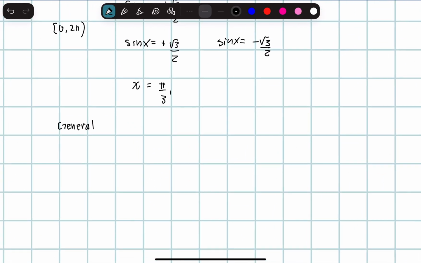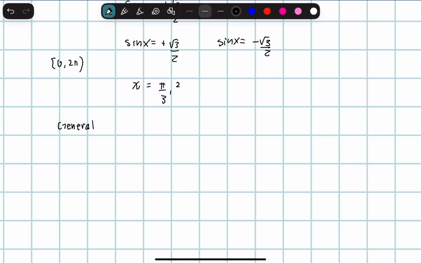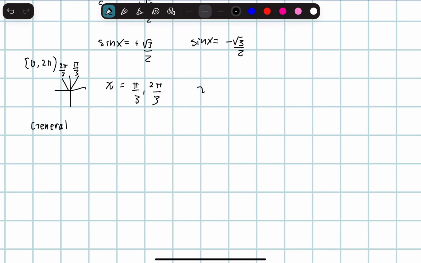So these are going to be the solutions down here. That's going to be 2 pi over 3, and to imagine that, that's going to be over there. And then here you have x equal to 4 pi over 3, and also 5 pi over 3.